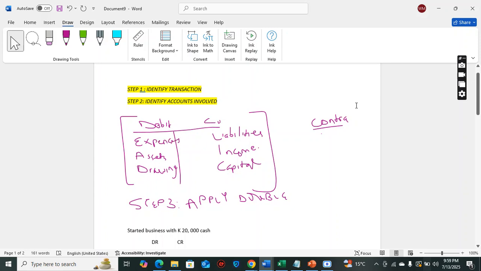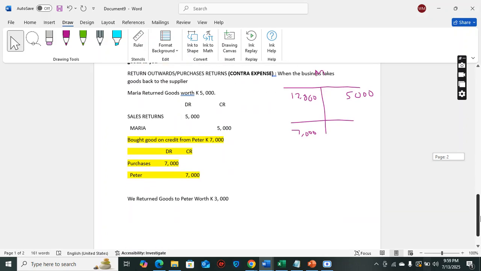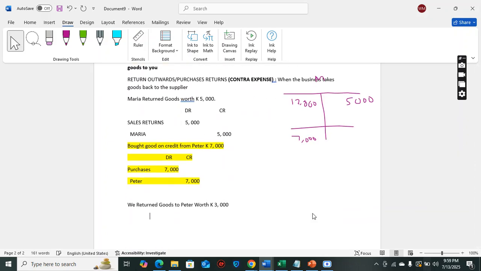So you debit Peter 3,000, reduction in a liability, and you credit purchases returns, contra expense, 3,000. Yes, that's the journal entry there.